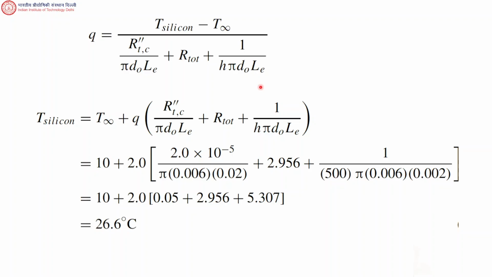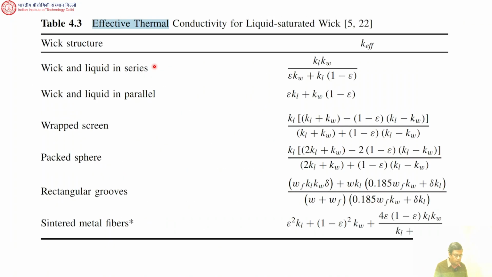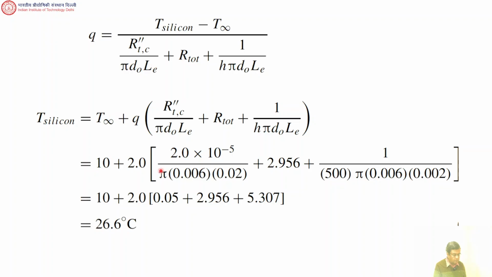What is given? The heat flow is given. Anybody remembers that? The heat pipe is operating at a heat transfer rate of 2 watts. So 2 watts is the heat flow Q. Okay, so this is what we write.